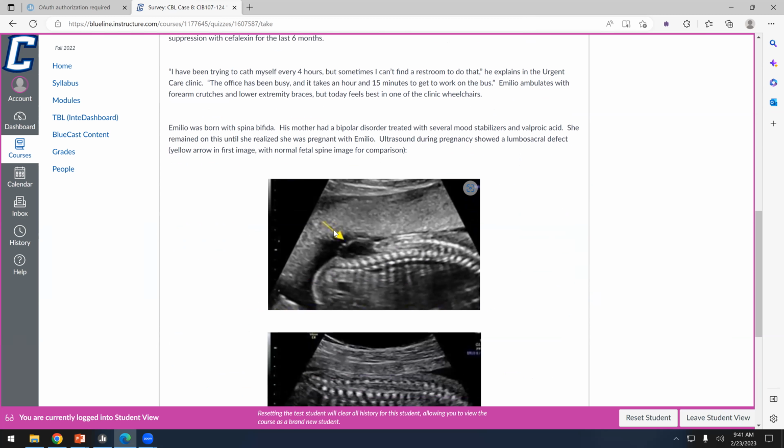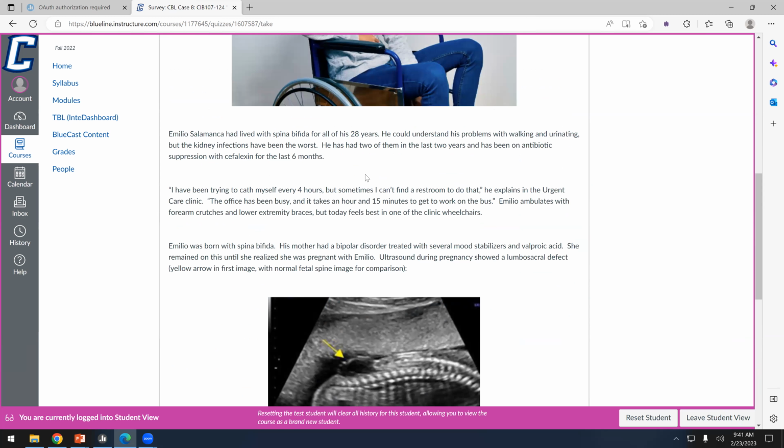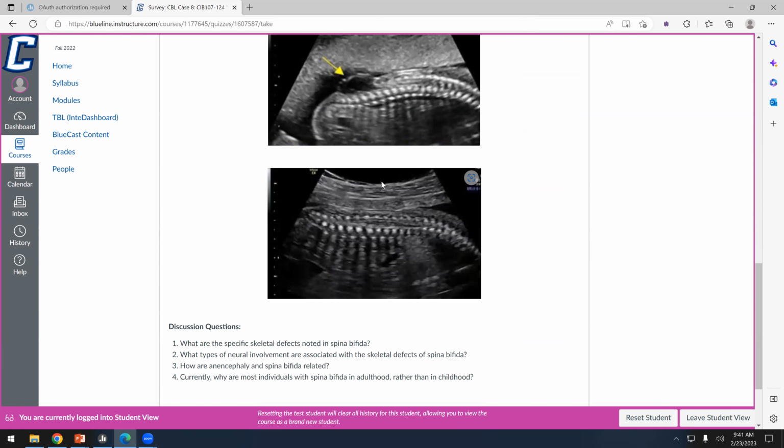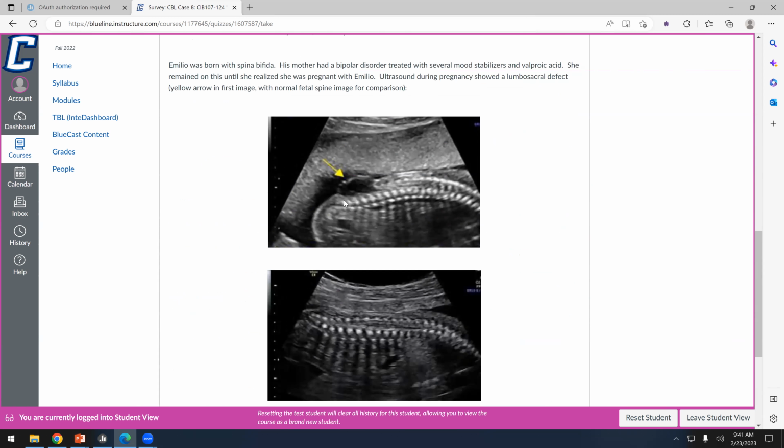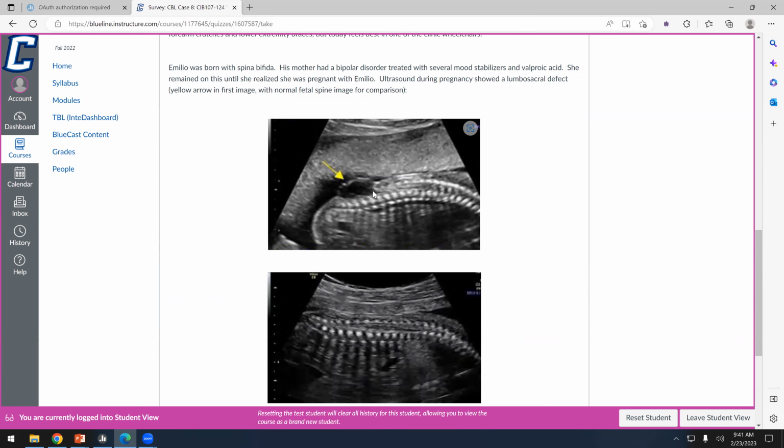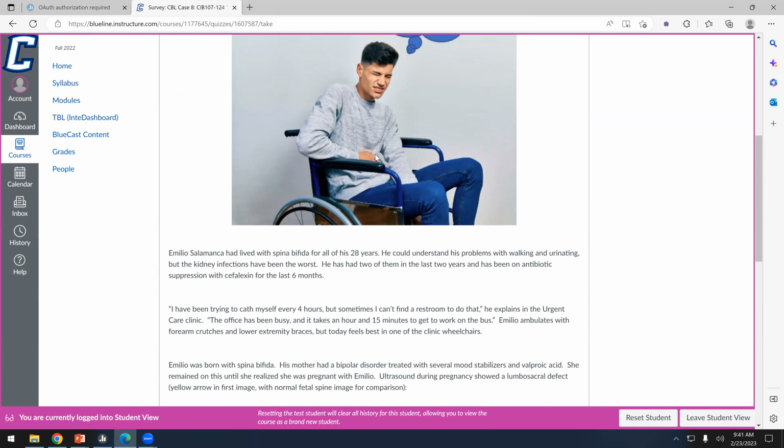In this case, the patient presents, he has spina bifida, he's 28 years old, and has particular problems at the moment. It takes students through, and they begin to see things like ultrasound images and graphics that help you understand what the patient is like. It's amazing what images do.